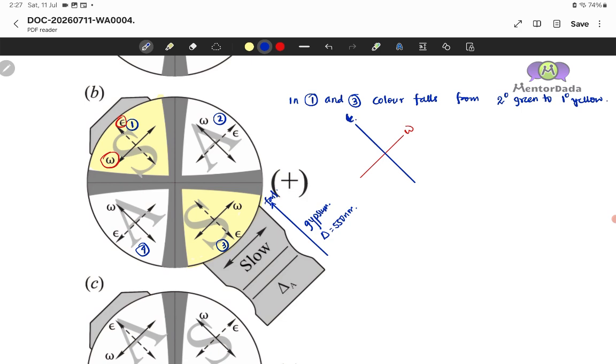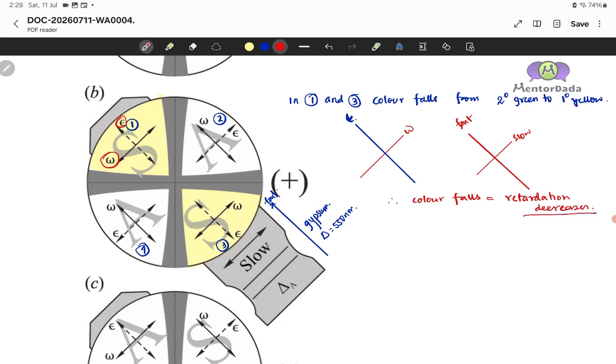At the same time, the vibration directions of this gypsum plate are like this: this is fast and this is slow. So look, as a whole, what you are observing is that the color falls. Color falls, so that means retardation decreases.